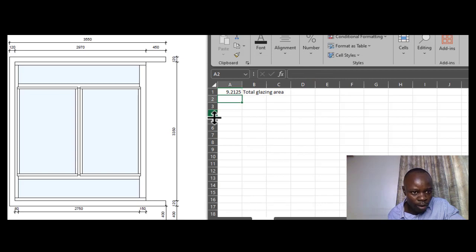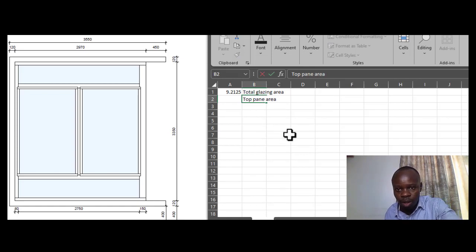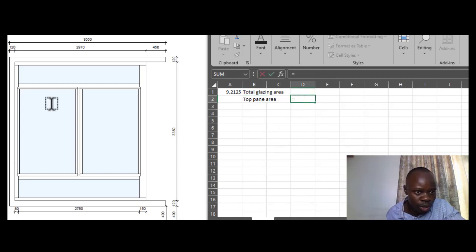But now for the particular panes, there's that description where you are going to categorize the particular panes in different categories. So we can start with the top pane and get the area. The top pane area is equal to 2.75 times 0.45.